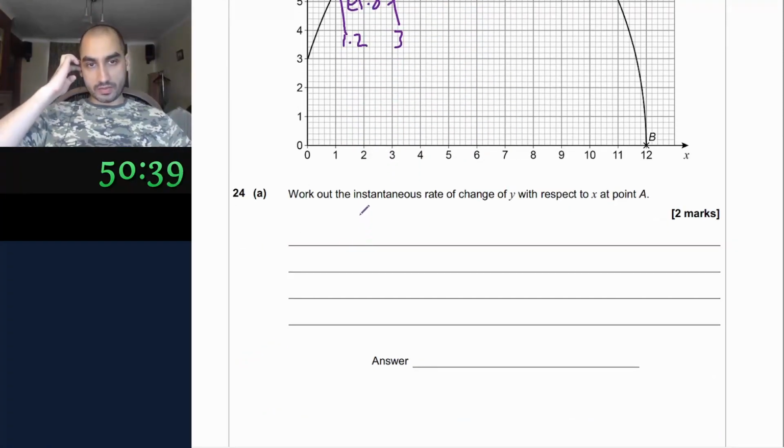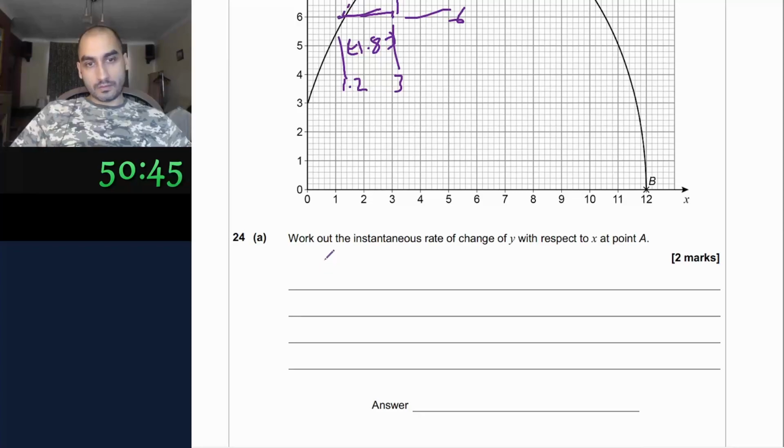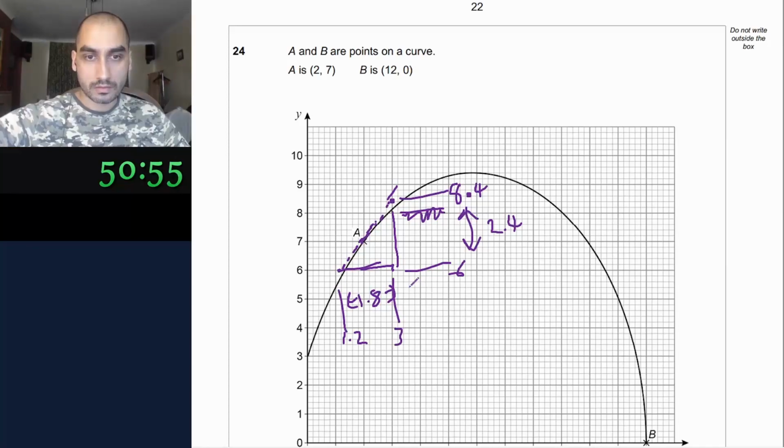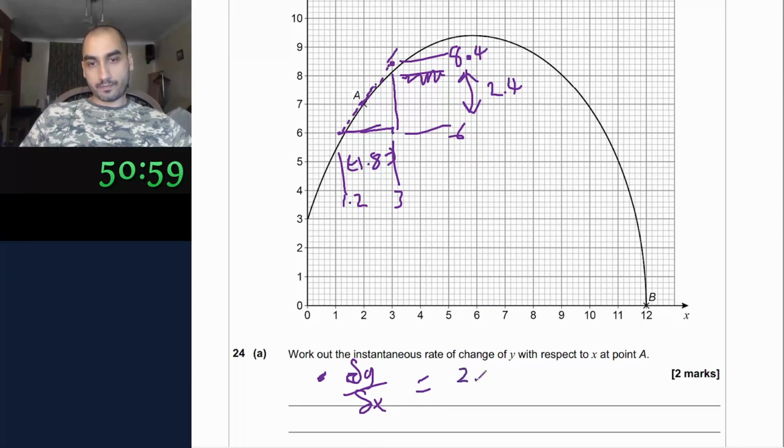So it would be delta y divided by delta x equals 2.4 divided by 1.8.